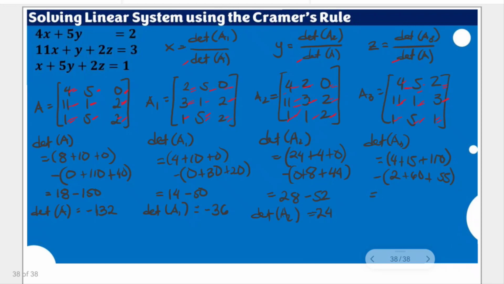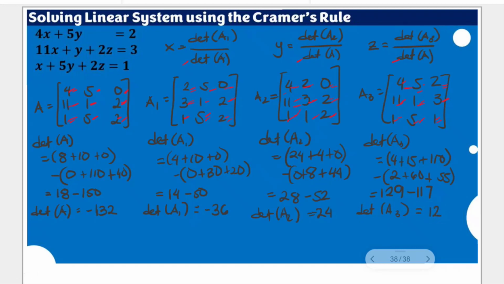So we have here 15 plus 4 is 19. So you have 129 minus 117. So the determinant of your A sub 3 is equal to positive 12.